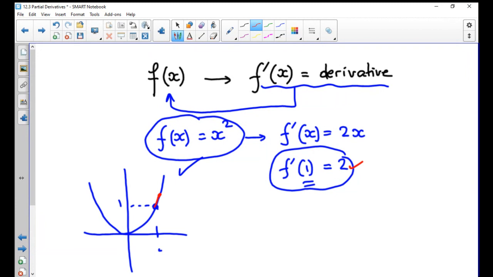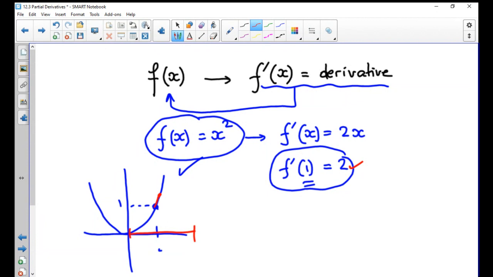So the derivative basically gives us an idea about how this function is changing, the rate of change of this function. Now, we also know that when the derivative is positive in a certain interval, what can we say about the function?